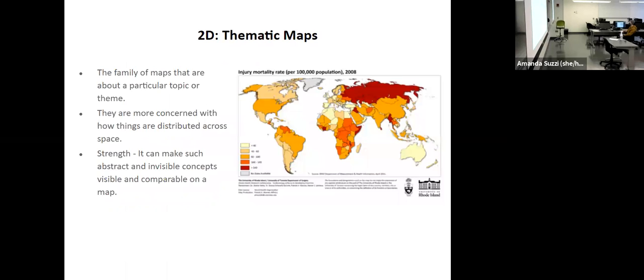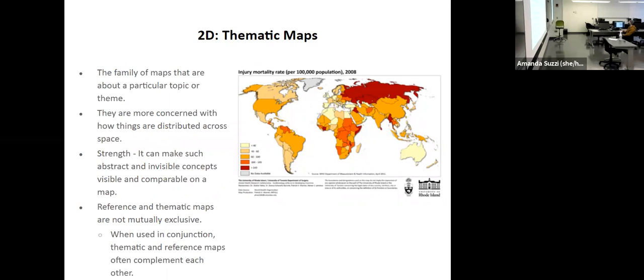Okay, then you have thematic maps. So thematic maps are about a specific theme. This one's injury mortality per 100,000 people in the population in 2008. So they're more concerned about how things are distributed in space.